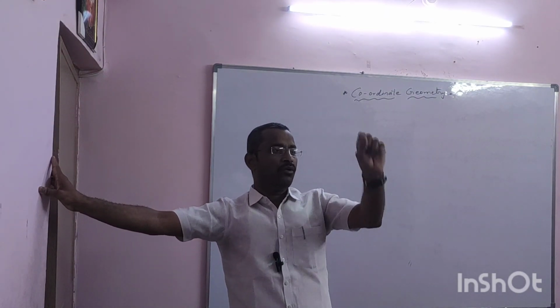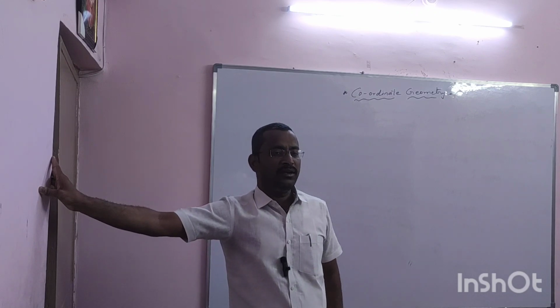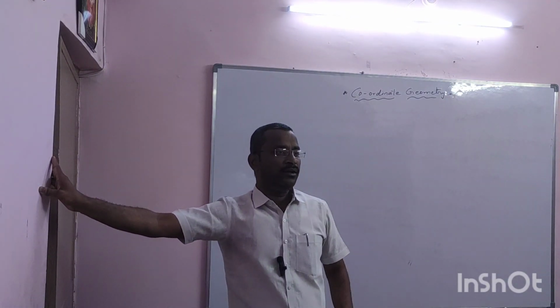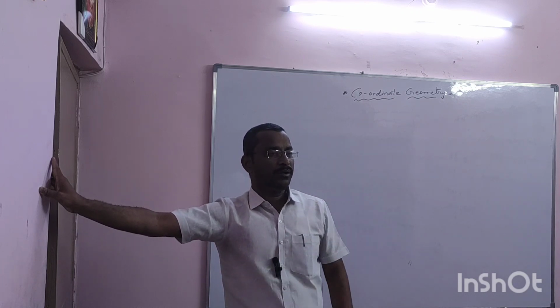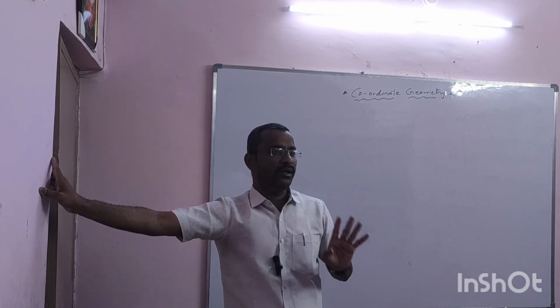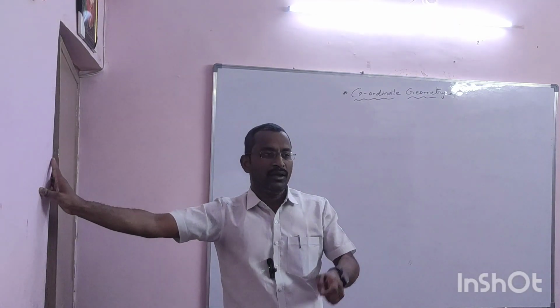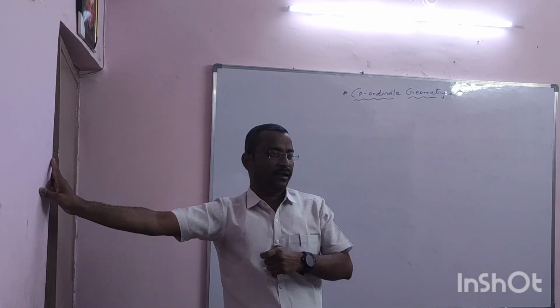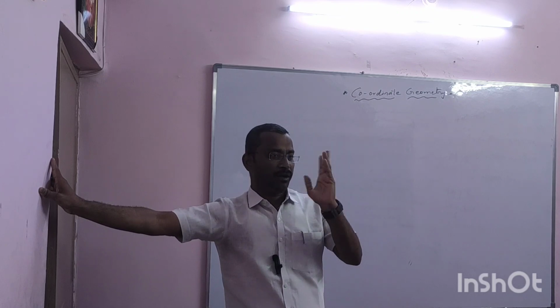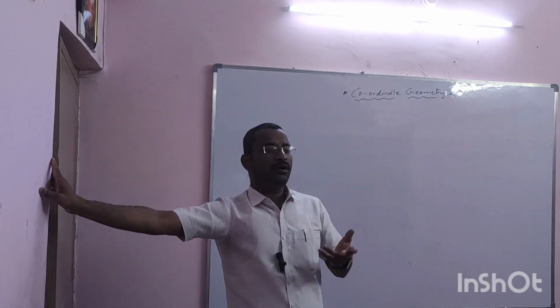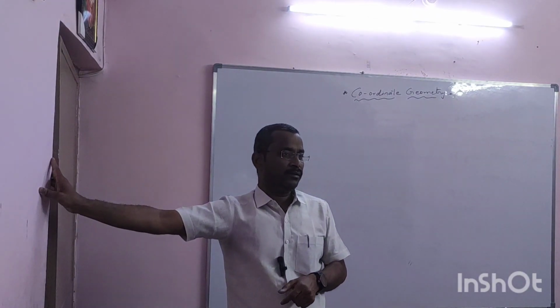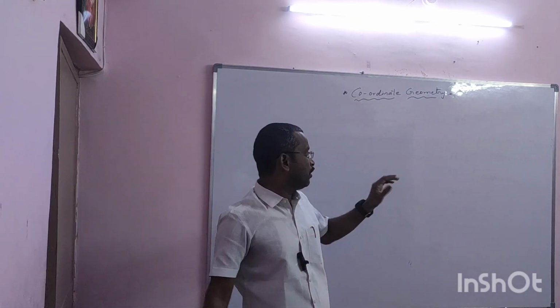That makes the entire question wrong, and your entire hard work fails. Overlooking and overconfidence never help you in mathematics. Confidence is what matters. Even though you know it, keep practicing again and again. As the proverb says, practice makes a man perfect. Knowing is not the matter, perfection is the matter. So this is the way you need to practice coordinate geometry.